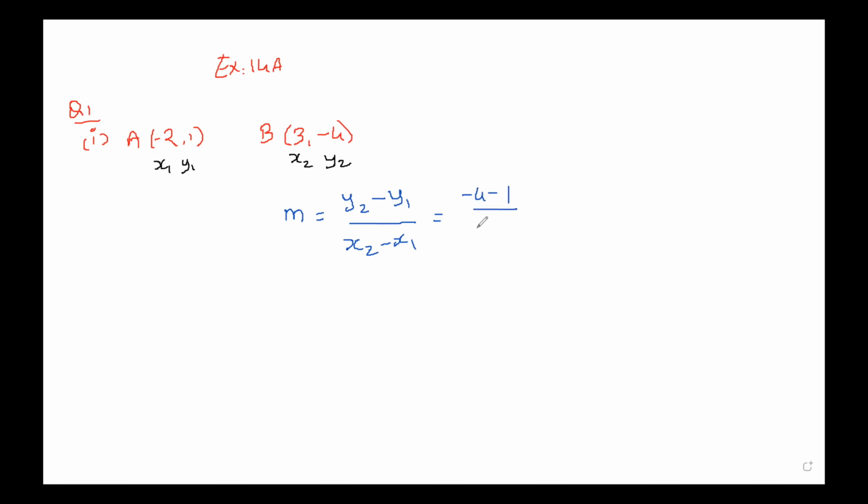So -4 minus 1 upon 3 minus (-2). So -5 upon 5, that is negative 1. So this is the slope of the line passing through AB. Easy?